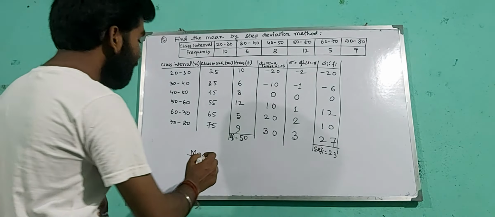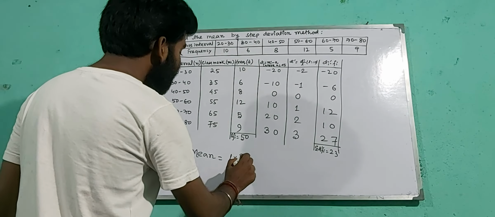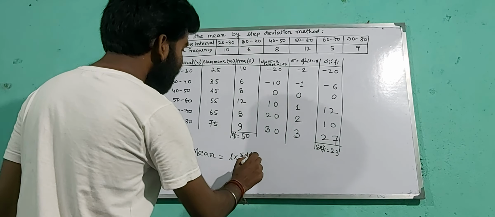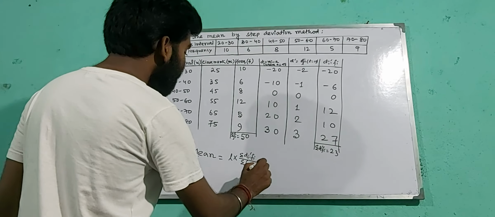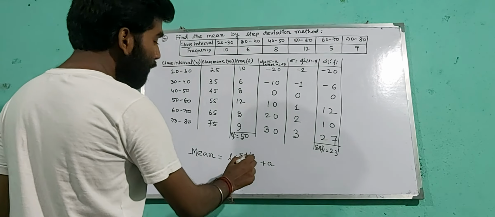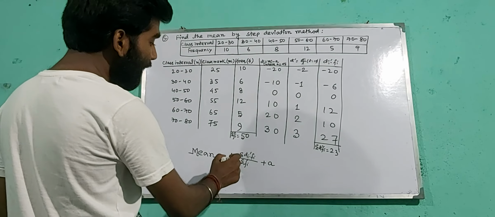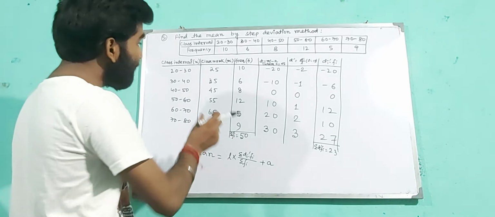But here you see, L into sum of di dash fi by sum of fi plus a. Di dash fi means this value, sum of fi will be this value, and L, as I said repeatedly, the gap, means 10. It may not be 10 in your exam, it may be 5 also, it may be 20 also.